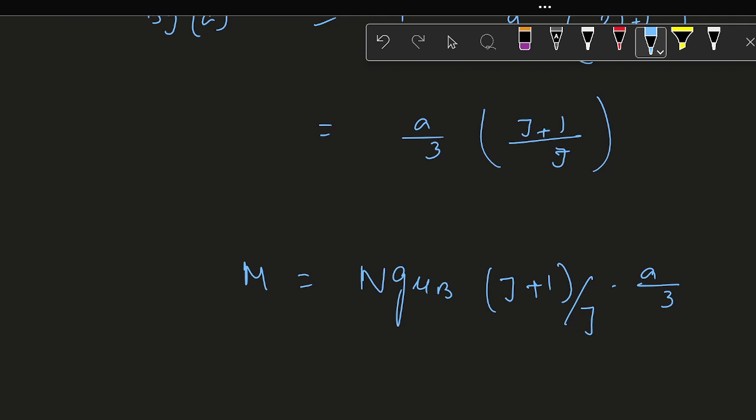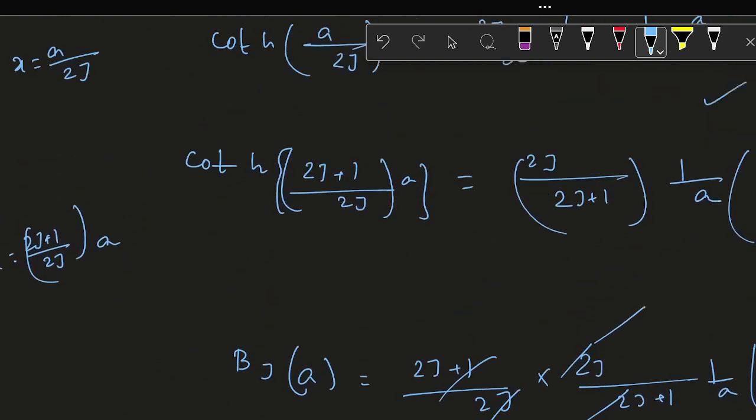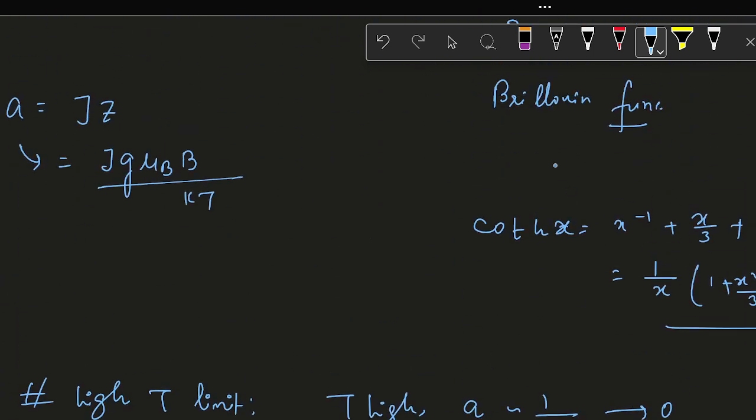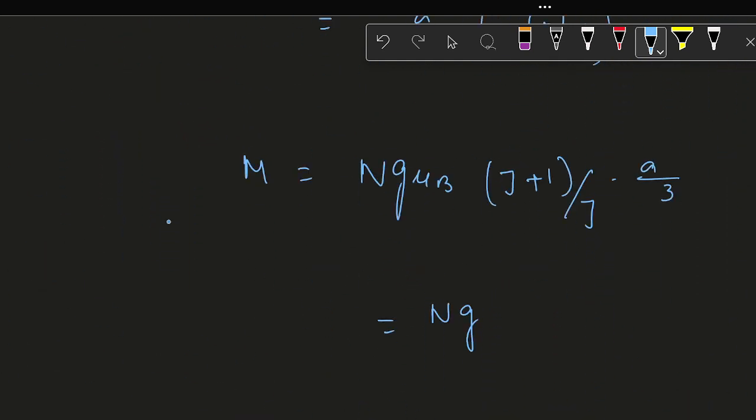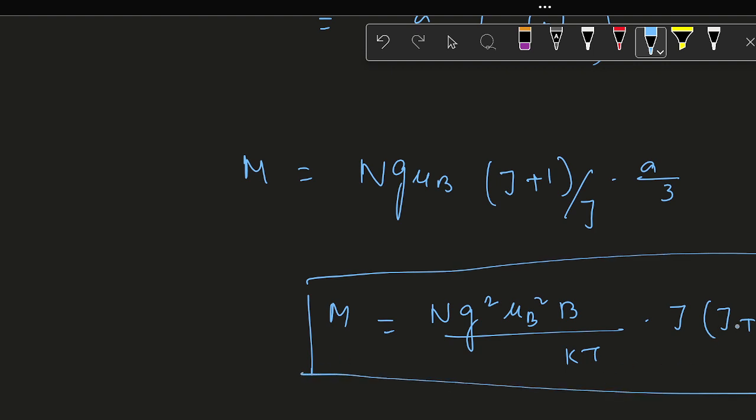Whatever is left is your N. Now you can directly use the value of a, which is a = J times z, that is, a = J g mu_B B / kT. Replacing this, you get M = N g² mu_B² B / kT times J(J+1). This is your average M for the system using the quantum theory of magnetism at the high temperature limit.